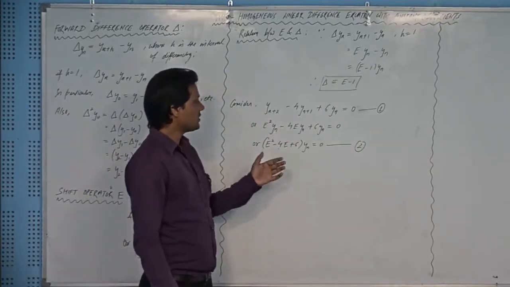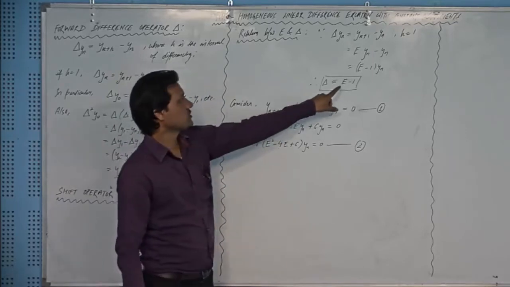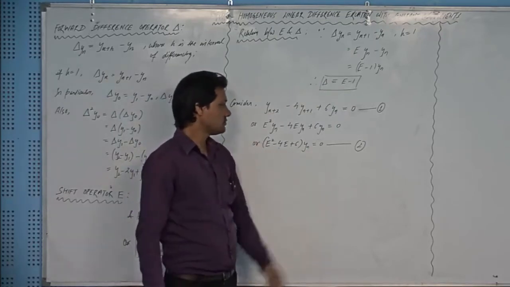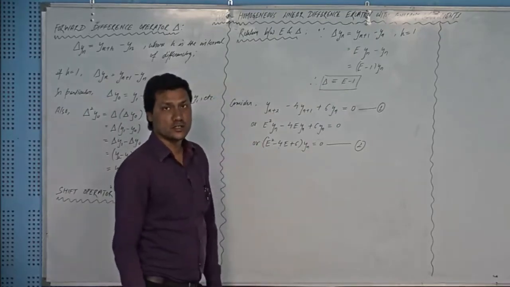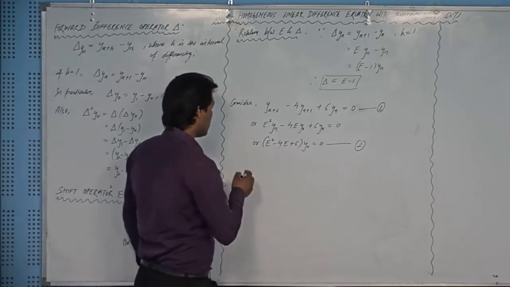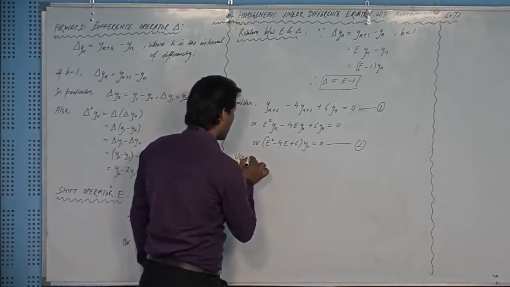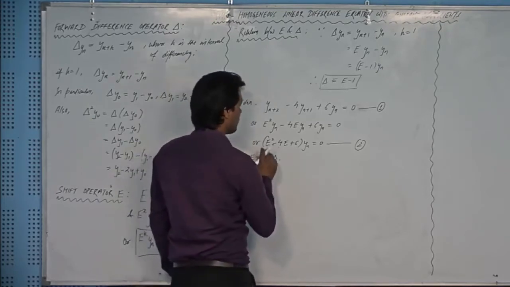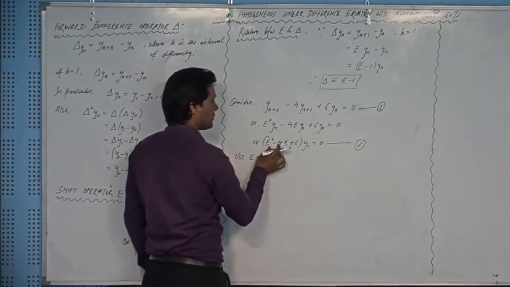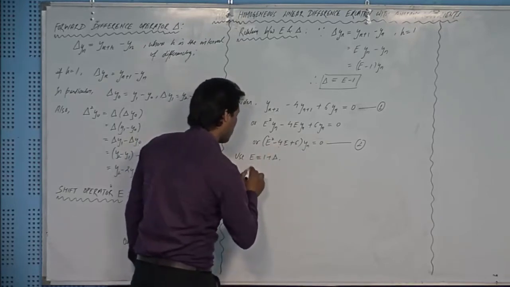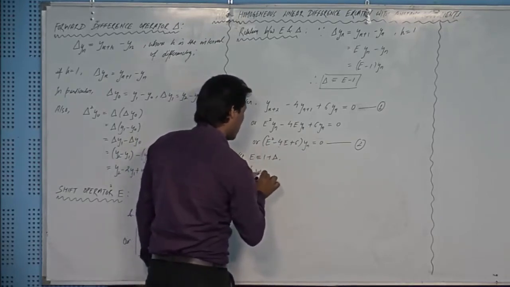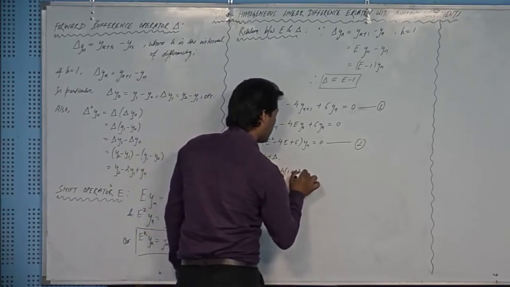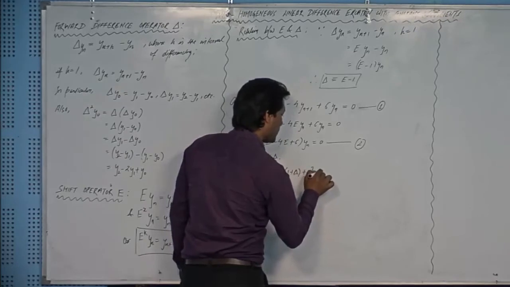And again it can be written in a new form. If I use this relation, capital E should be equal to 1 plus delta, and put 1 plus delta here, then I will get an equation in terms of delta. That is another way to write it. Using E equivalent to 1 plus delta, if I plug 1 plus delta in place of E everywhere, I will get 1 plus delta whole square minus 4 times 1 plus delta plus 6 operating on yn equal to 0.